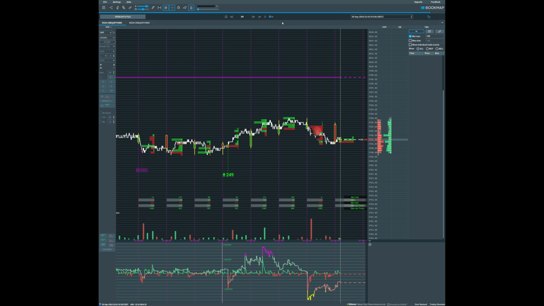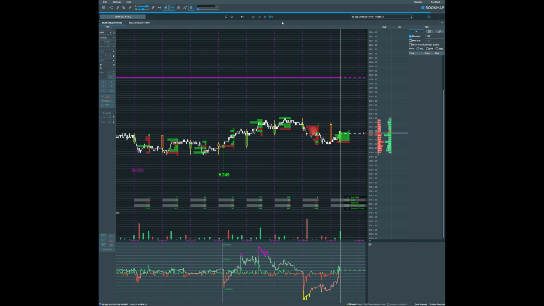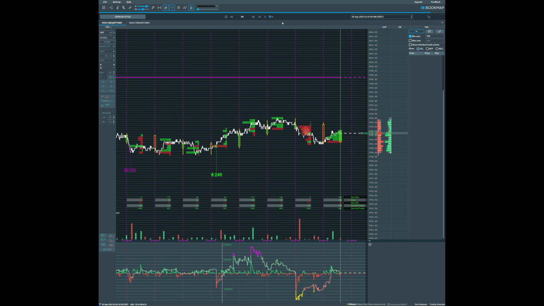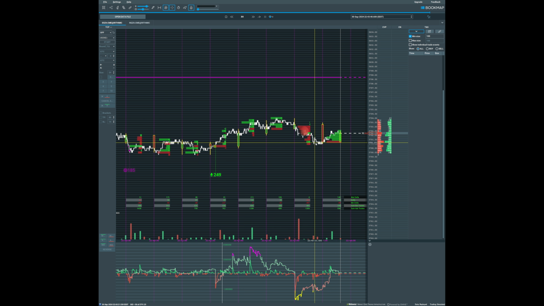No, buyers step in, and look right now how delta is changing, how the delta profile is changing. Look, it was really red, and right now everything is green, but it doesn't matter because I want buyers to be more aggressive than sellers. So let's go.